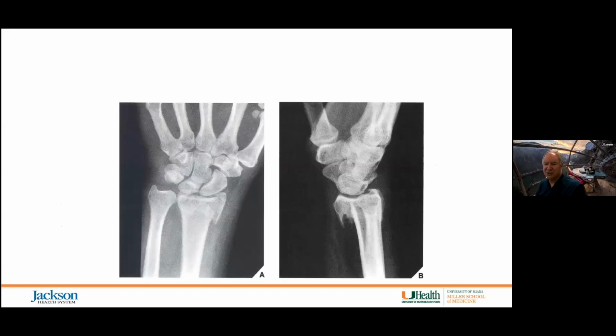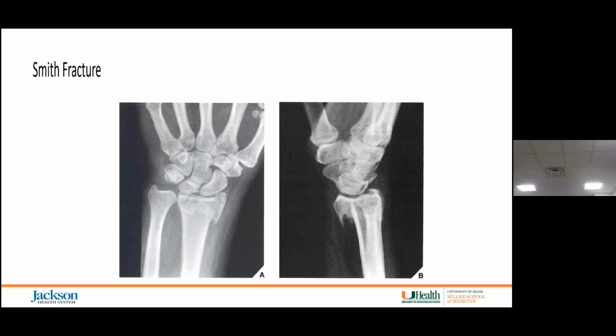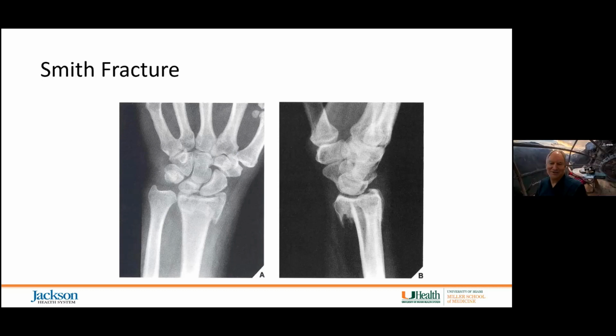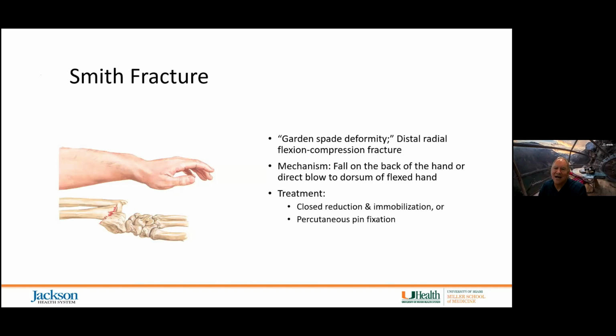Somebody had also mentioned this one, not the Colles, but the Smith. Thank you. So the Smith fracture, was that Dr. Amarian Farr? So quietly in the background. The Smith fracture is going to be just kind of the opposite. So this is the garden spade deformity.